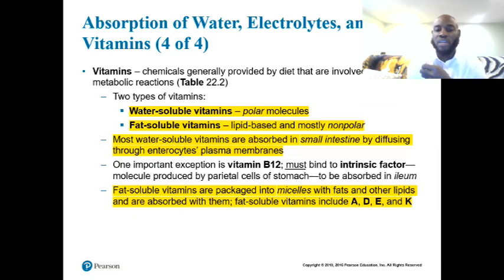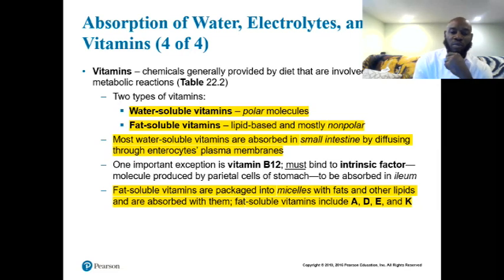Your water-soluble vitamins are absorbed in your small intestines by diffusing through enterocytes. Just the process of diffusion, that's passive, doesn't require energy. Except for B12, which must bind to an intrinsic factor, a molecule produced by parietal cells of the stomach, to be absorbed in the ileum, right? The ileum is the last portion of your small intestines.